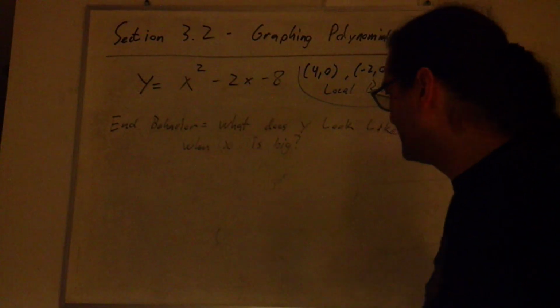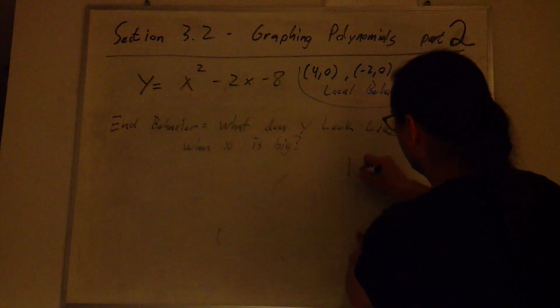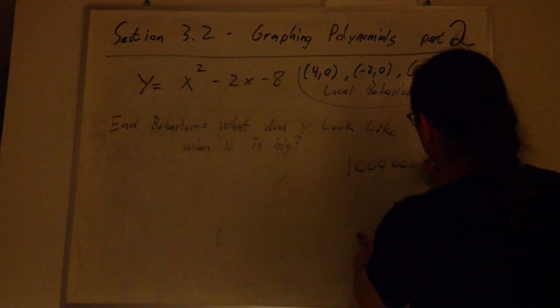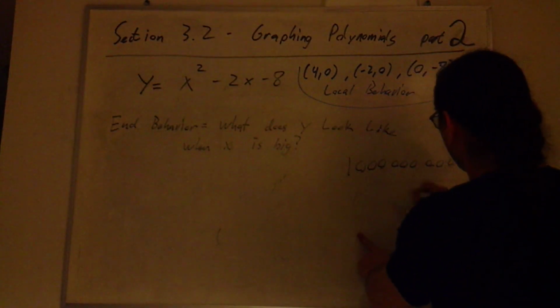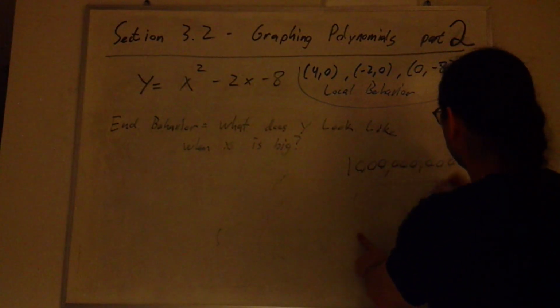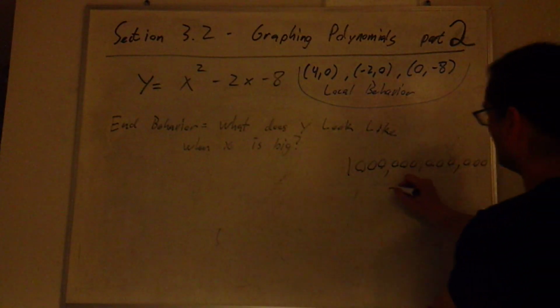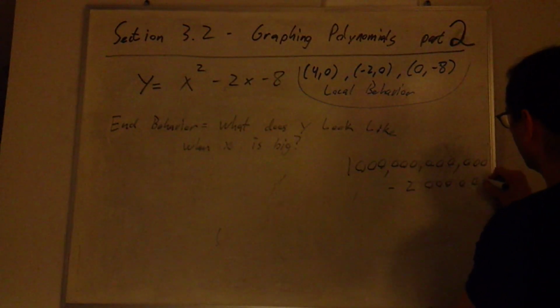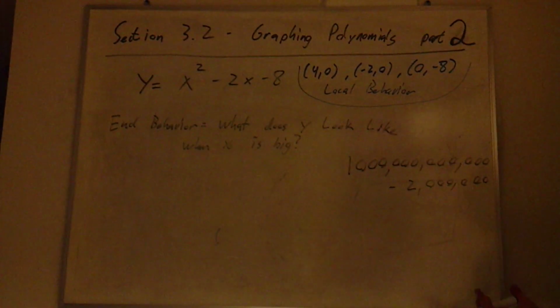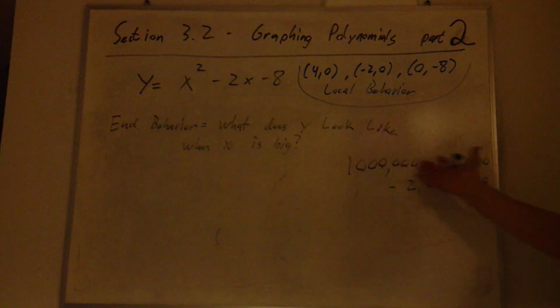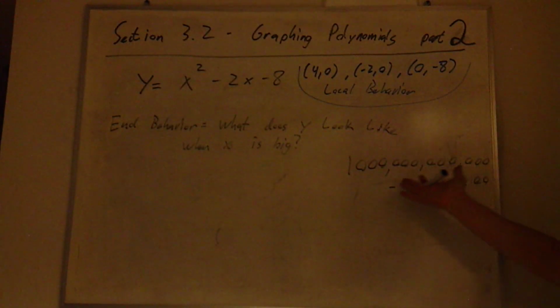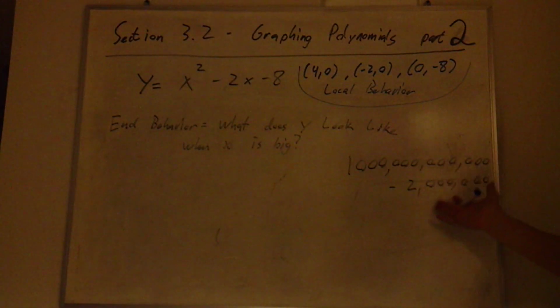Like, here's 1,000,000,000,000. That's 12 zeros. If you subtract 2,000,000 from that, that doesn't matter. The size of this number has not changed in any meaningful way when you subtract 2,000,000 from it.